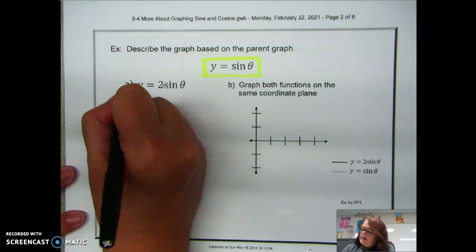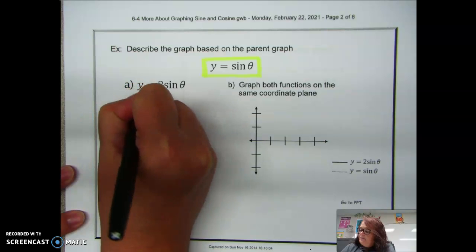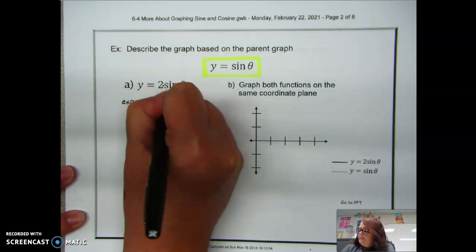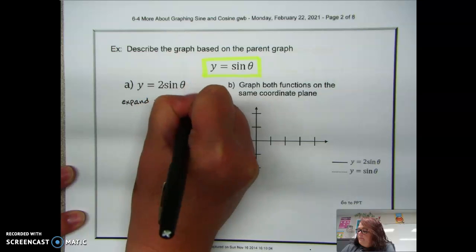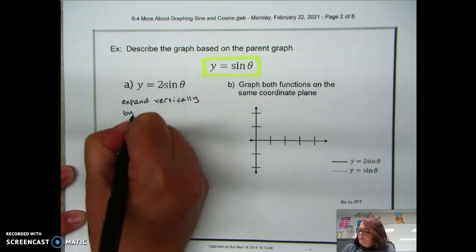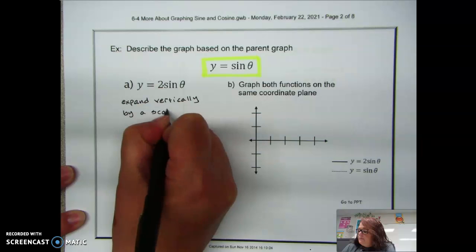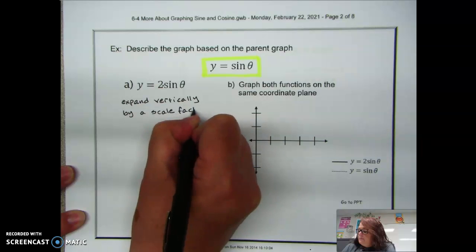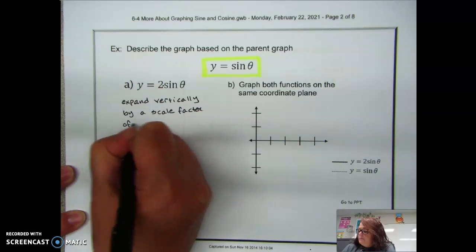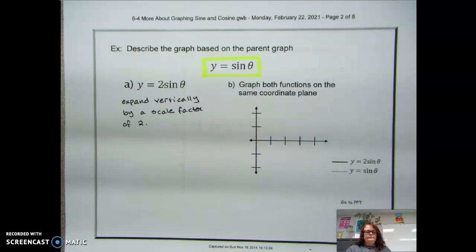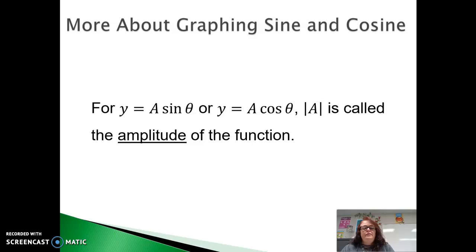So we're going to say expand vertically by a scale factor of 2. So trig functions do have some fancy language that goes with that. So we don't just say expanded vertically by a scale factor of 2.